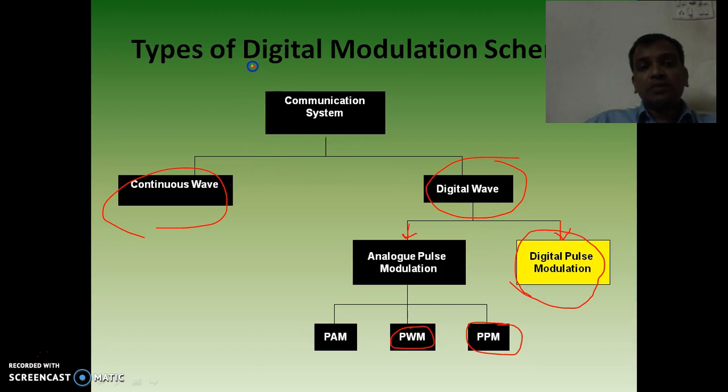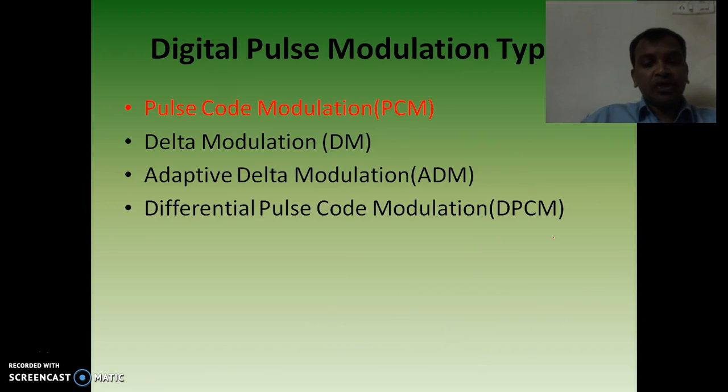The digital modulation schemes that we are going to discuss under this subject will be different types of digital pulse modulation. So the first type is pulse code modulation, then you have delta modulation, then adaptive delta modulation, then differential pulse code modulation, and likewise you have many more.